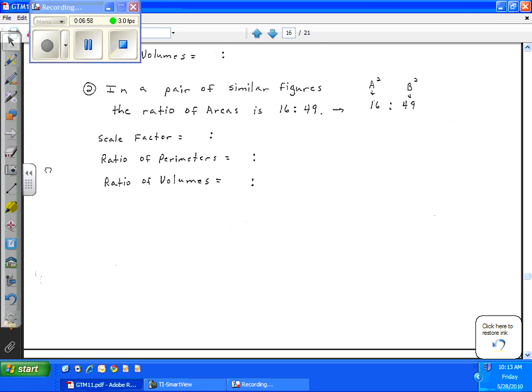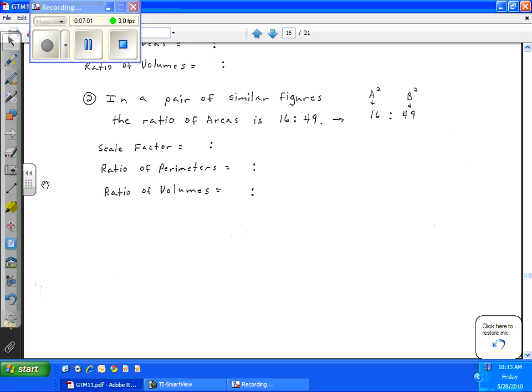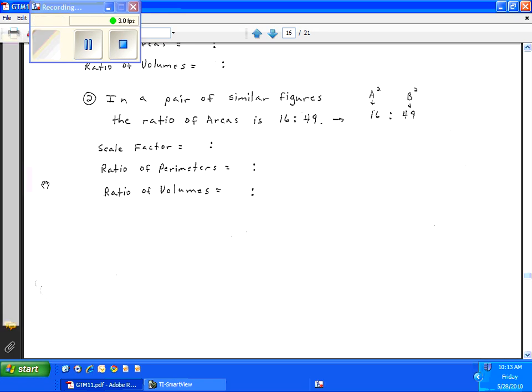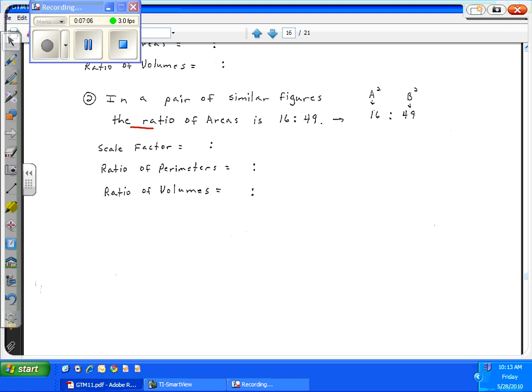Now, we dealt with this on page 174A in the Algebra 1 textbook also, but it says if the ratio of the areas is 16 to 49, then find these other things. Well, we've got to remember that we're going to be looking for the base A, B, just like we looked for the base x with the drill on page 174.